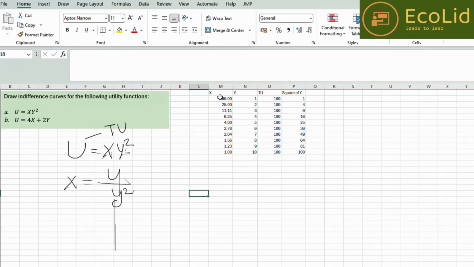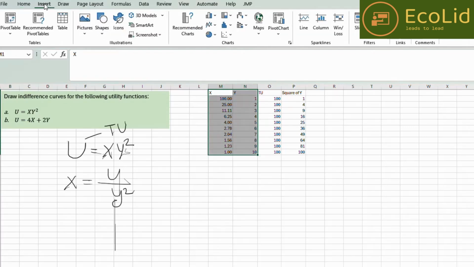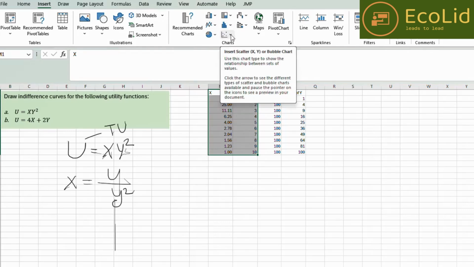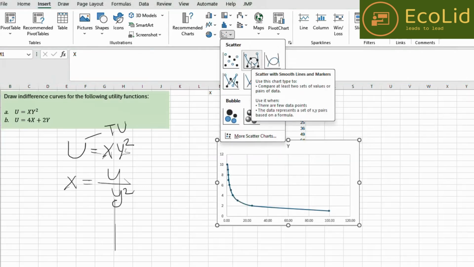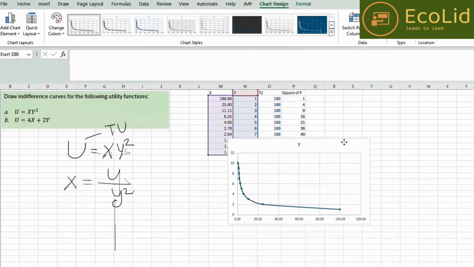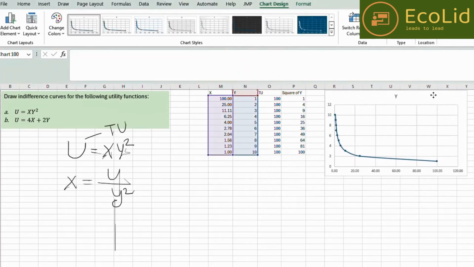It's time to plot the values of x and y into the diagram. So insert, then from there go to charts. We will use XY, meaning a two-way diagram. From there you can select scatter with smooth lines and markers, and here is our indifference curve.